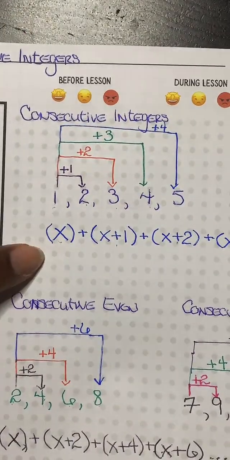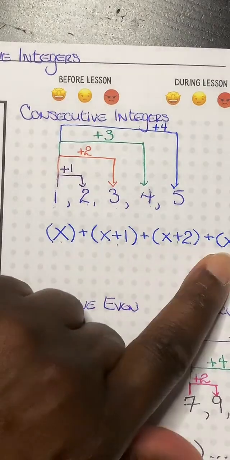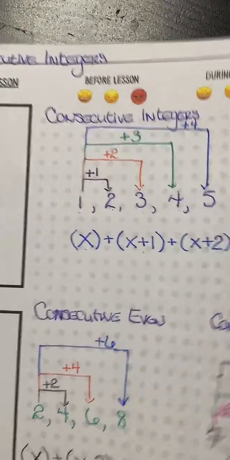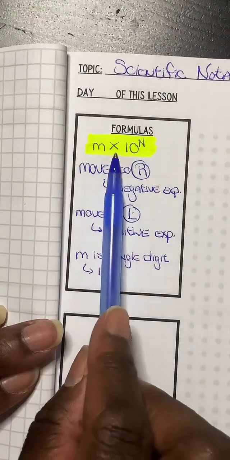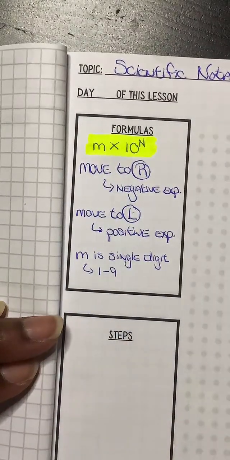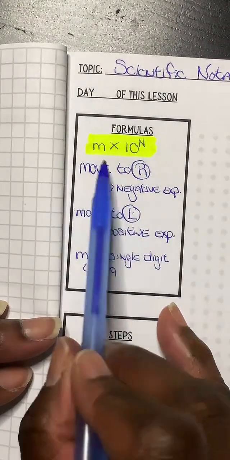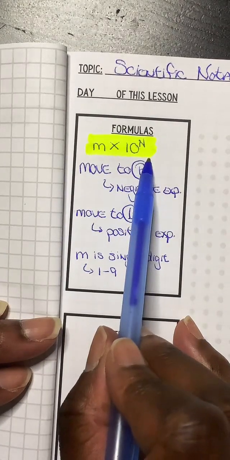X is not multiplication. X is a variable. It can represent any number. That's why I always feel that when we do multiplication, we should no longer use X. That's just me and my feelings. But you will see it in this format.